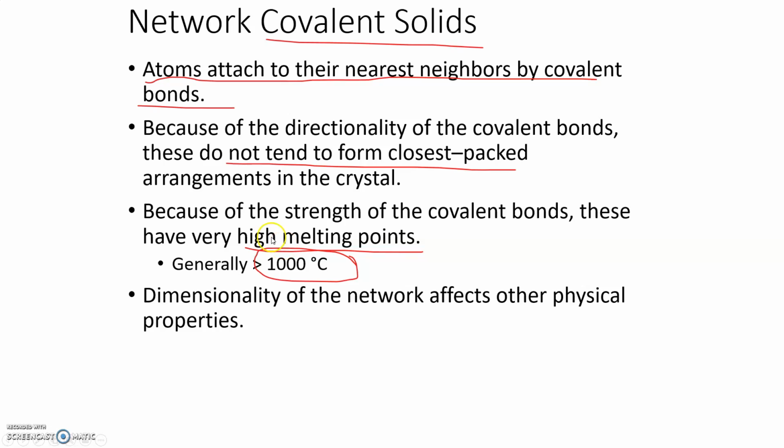As you can see, the melting points of covalent solids are very high, higher than 100 Celsius. And why is that? Because the atoms are attached to their nearest neighbors by covalent bonds, and they do not tend to form a closest-packed arrangement in the crystal. Because of the strength of the covalent bonds, the melting points are very high.